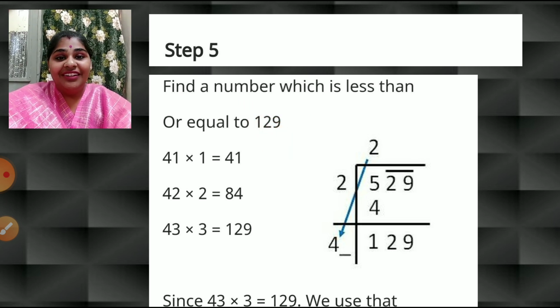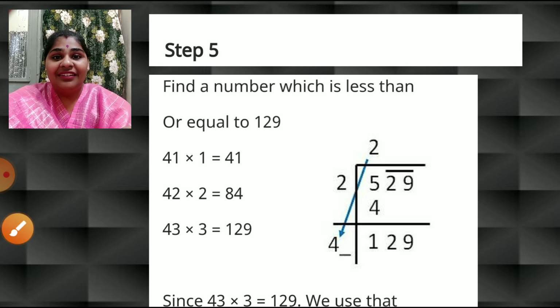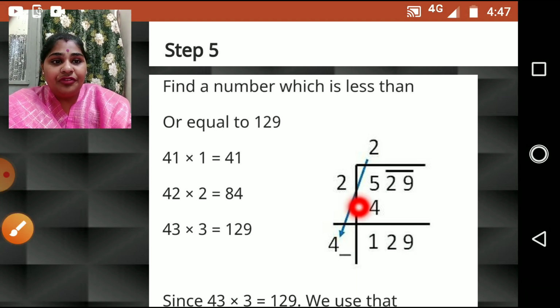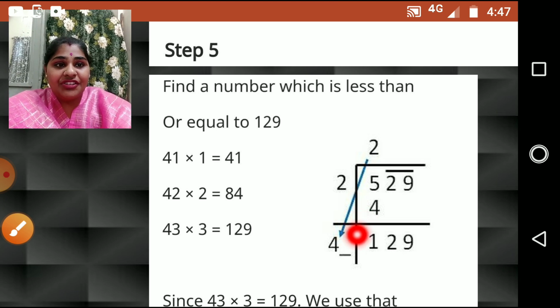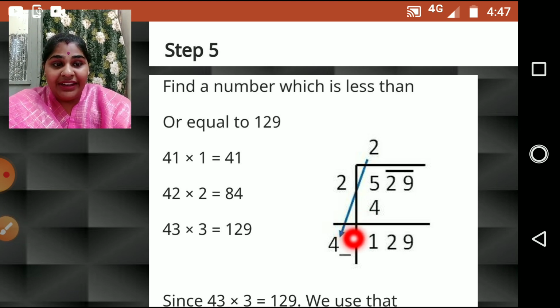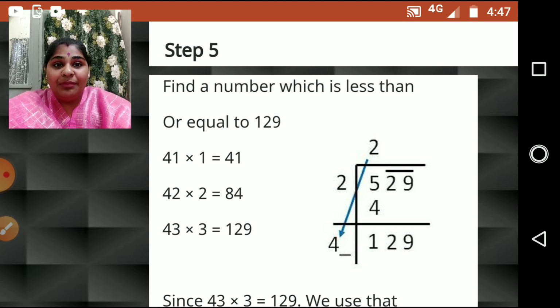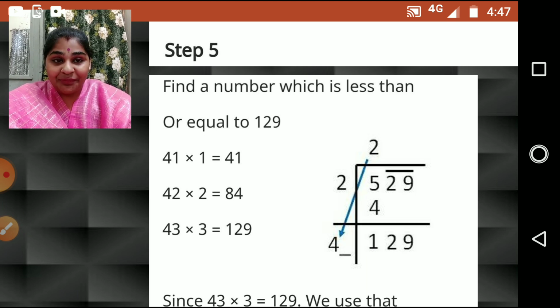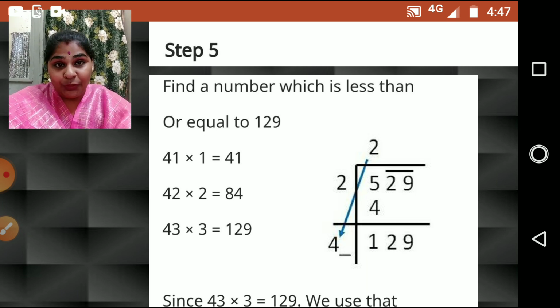Now here, children, you can see after 4 there is a dash. Can you see here, right? You have to take such a number here and multiply it by that same number, so that it comes to 129 or less than 129.